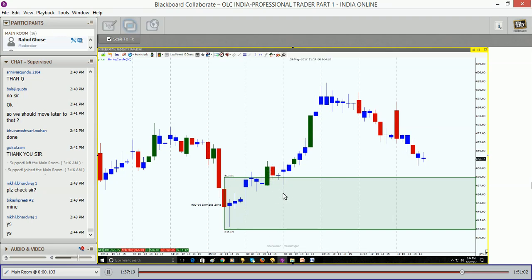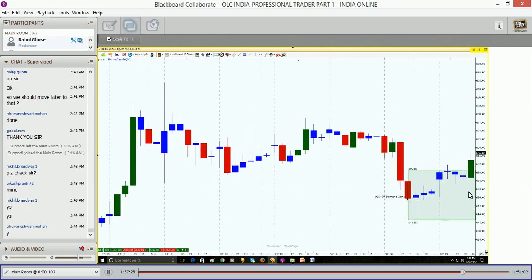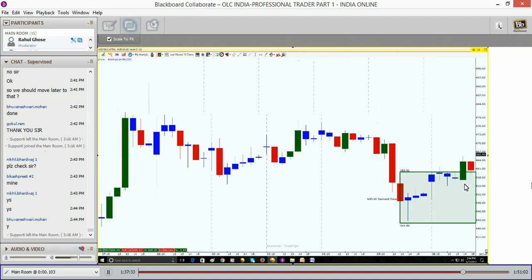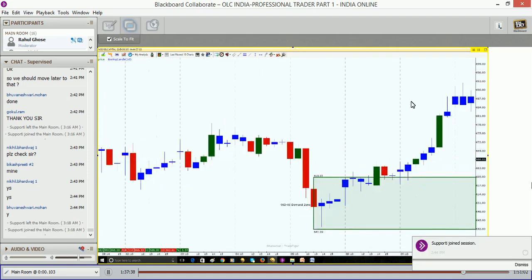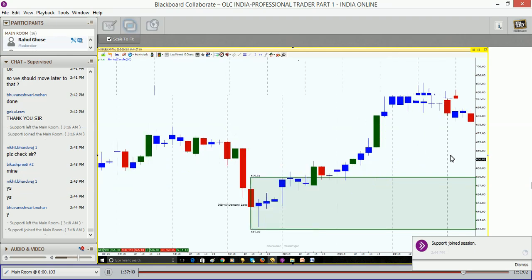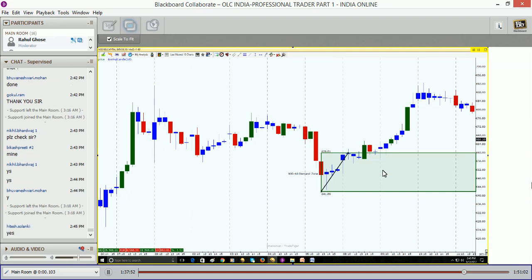Are all of you in the room understanding why I'm saying prices have come back and touched this level? Because this becomes your leg in, base, leg out. And the very next candle has come back and touched the level, which means it is already tested. Can you see after touching this level, it has already moved up so much. So we can't take tested levels. Did all of you understand, friends, the logic behind why I'm saying this? So you can't mark this as a level.